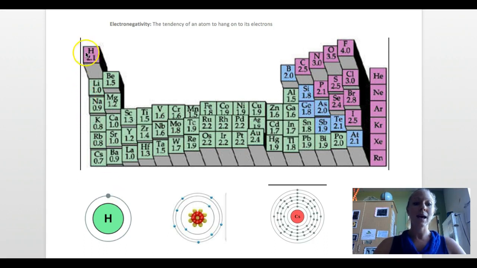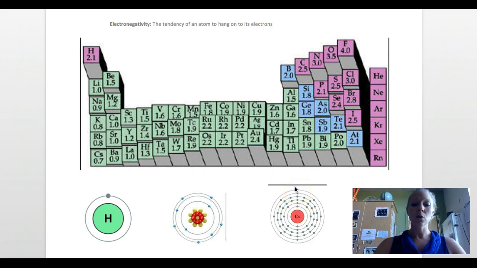However, as you go down the periodic table, lithium is going to have 2 orbitals, and sodium is going to have 3, potassium is going to have 4, rubidium is going to have 5 orbitals to fit all of those electrons, and finally cesium. Cesium is going to have 6 orbitals. Look at all of the orbitals here on cesium, all 6, 1, 2, 3, 4, 5, 6.